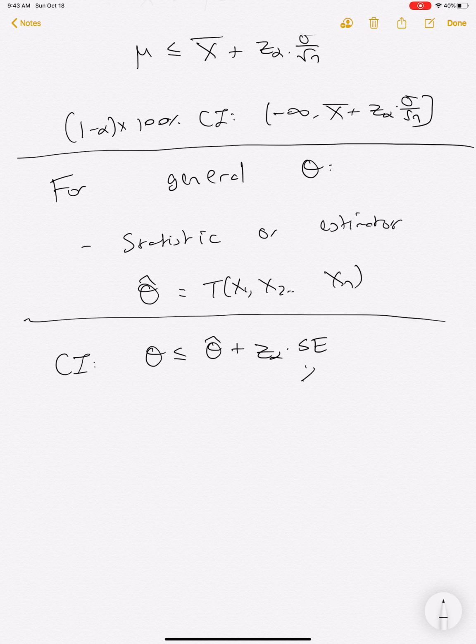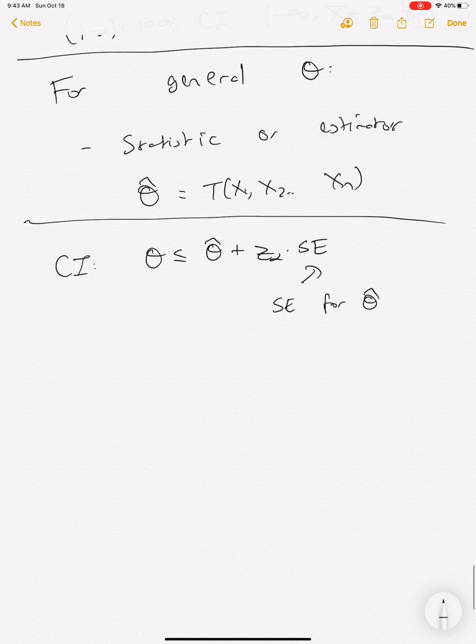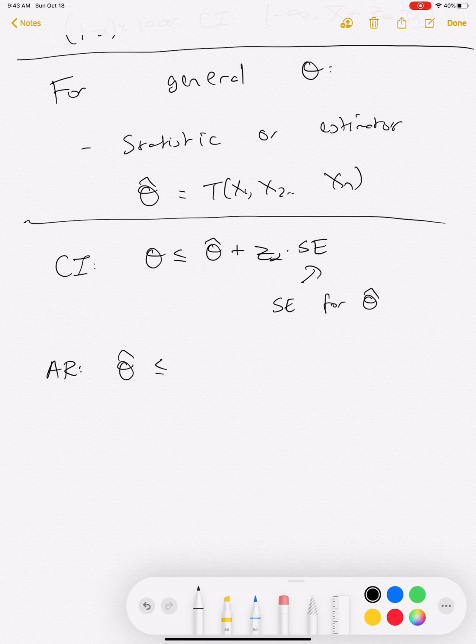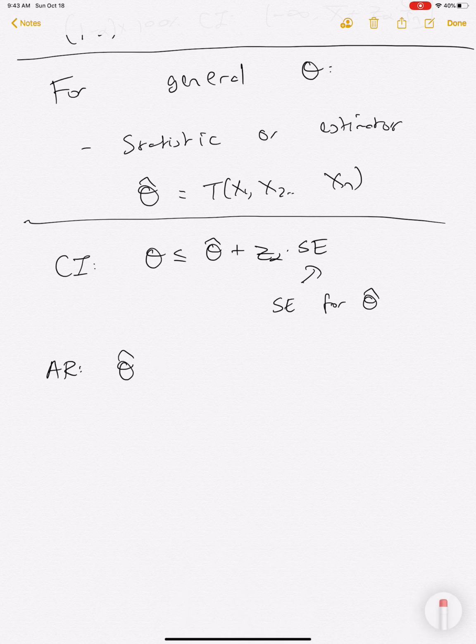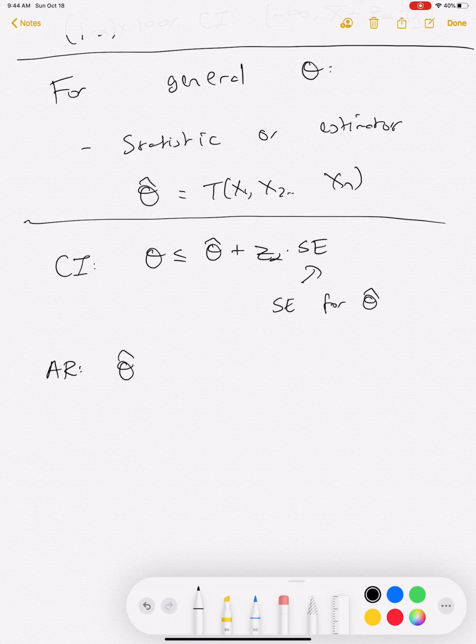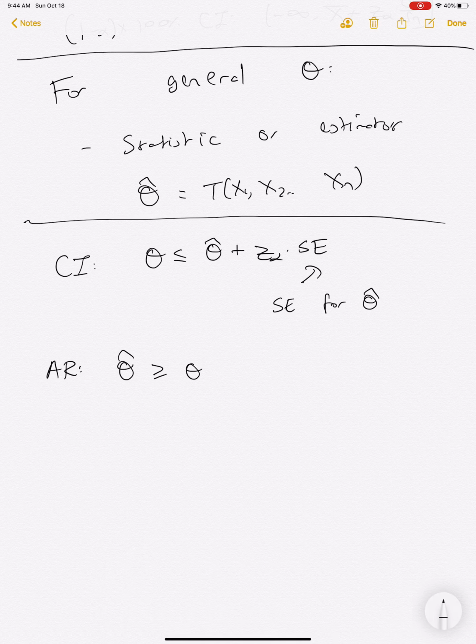This is just the standard error for theta hat. And then clearly the acceptance region is just that theta hat is bigger than theta 0 minus z alpha times standard error.